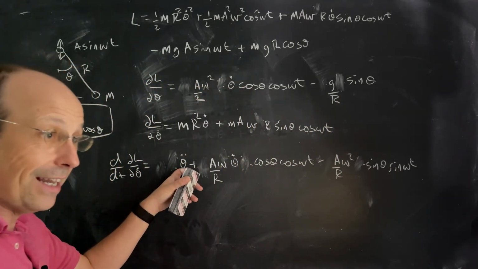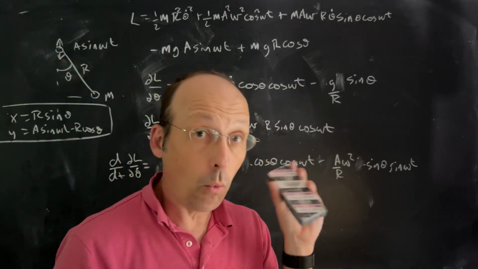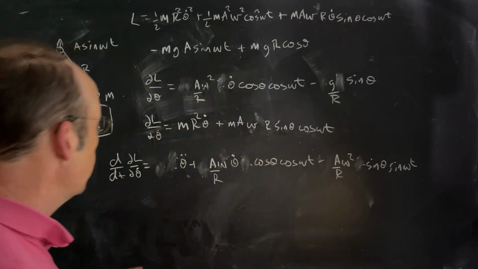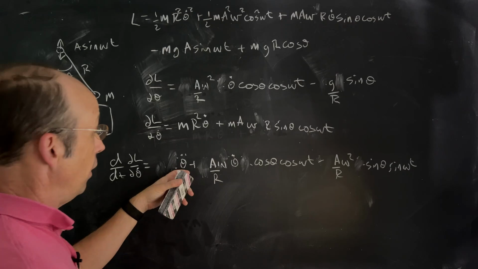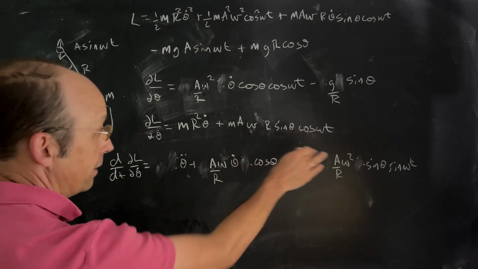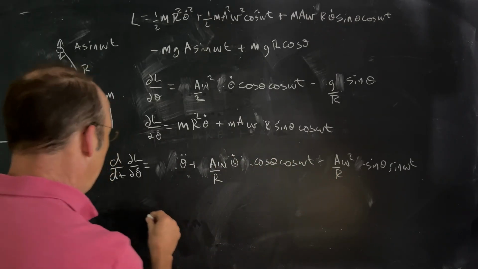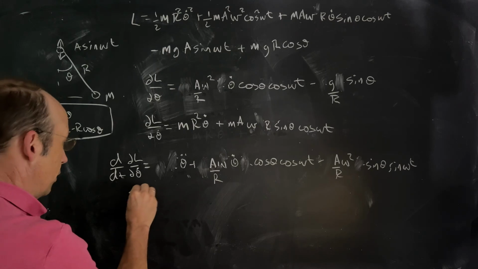Now I have theta double dot. That's what I want. I want theta double dot by itself, so I'm just going to subtract this from both sides, add that to both sides, and we can write down the whole thing. I don't even want to do this, but let's do it anyway.